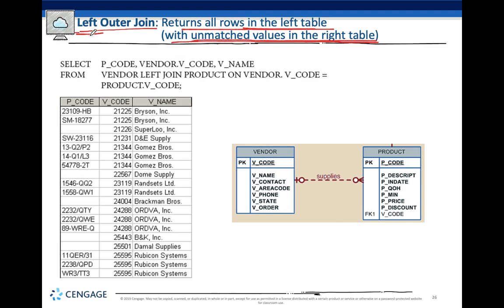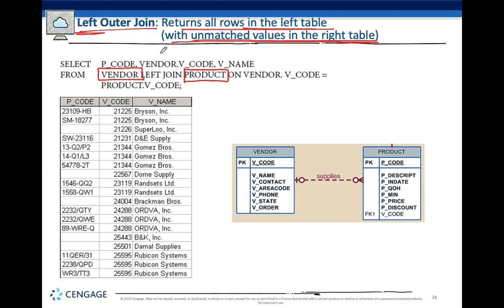And what is left and right? It's simply the first table that you specify in the from clause. That becomes the left table. And the second table that you specify in the from clause is the right table.